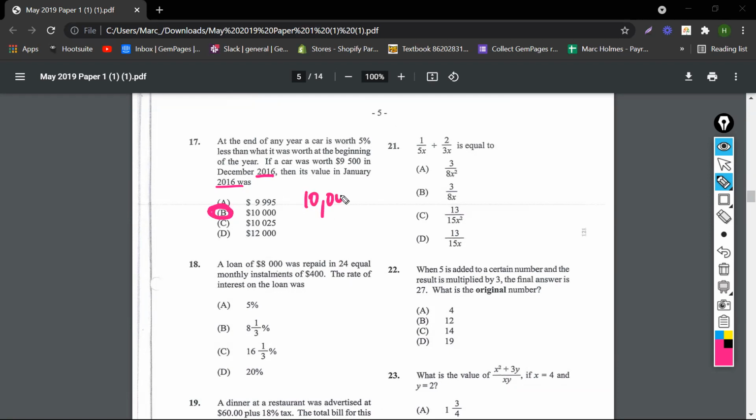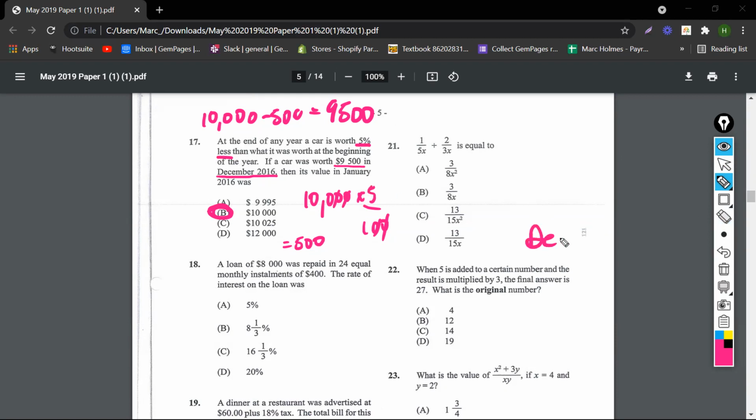Why is it B, guys? Because 10,000 multiplied by 5 over 100 is going to give us 500. And if we subtract 500 from 10,000, we're going to end up with 9,500. So it says at the end of any year, so at the end of December 2016, the car is worth 9,500, but it is also 5% less than it would be worth at the beginning of the year.